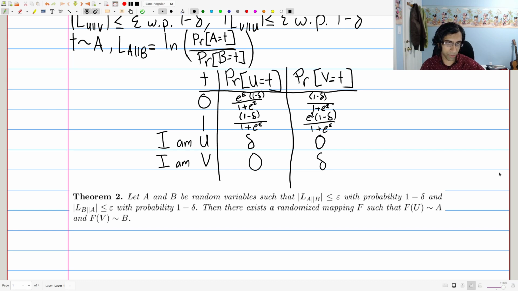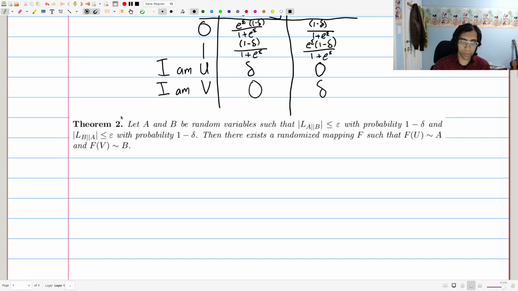If it's from U, it'll map it to the distribution A, and if it's from V, then it'll map it to the distribution B. So that's an alternative way of sampling from the two. And this will be much simpler to deal with, because then we'll only have to reason about these binary-ish random variables, like I said. Okay, so like I said, we're not going to prove this here.